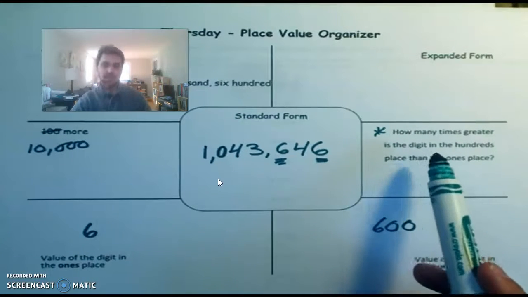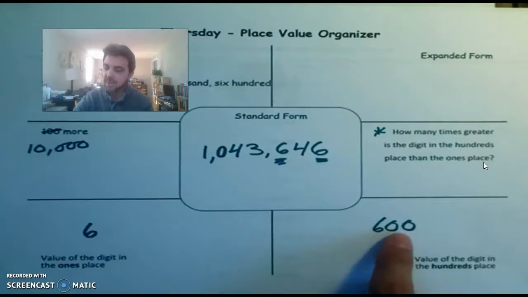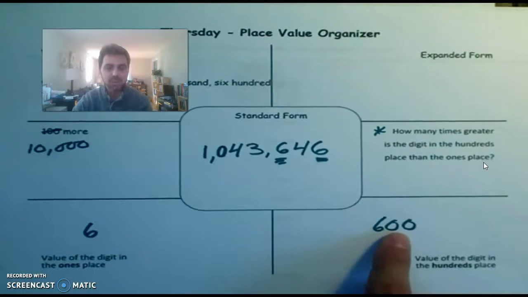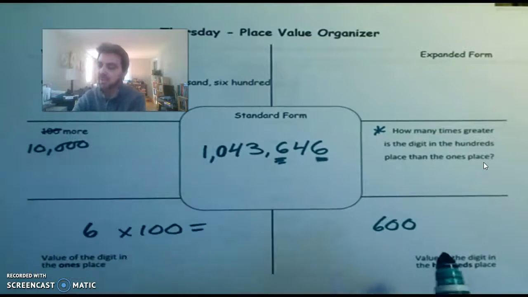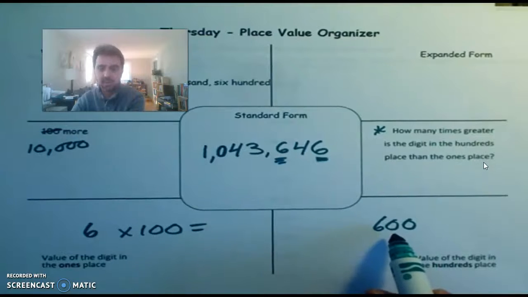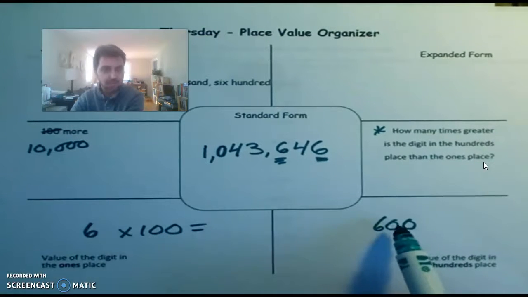So the question is, how many times greater is the digit in the hundreds place than the ones place? Well, you can see that it is 100 times larger, right? 6 times 100 would give me 600. Because if I have 6 hundreds, I have 600, right?